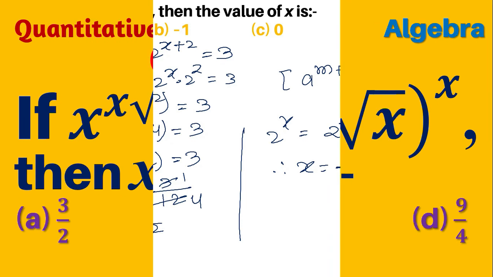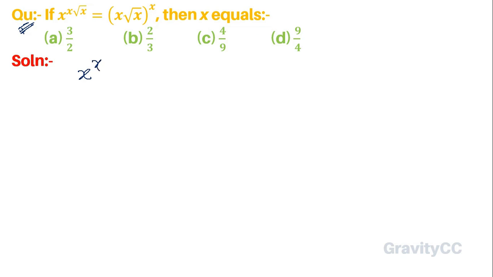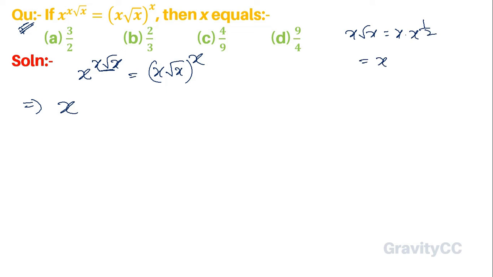If x to the power x root x equals x root x to the power x, then x equals? So first of all we write this question. x root x to the power x. If you calculate this x root x, it is x into x to the power 1 by 2, so x to the power 1 plus 1 by 2, which is 3 by 2.